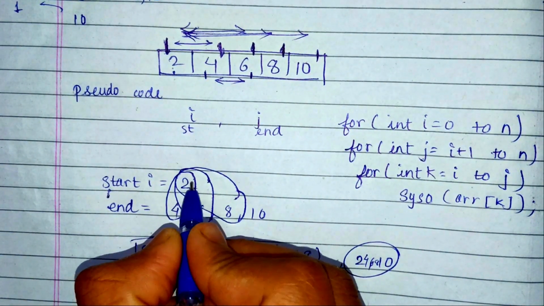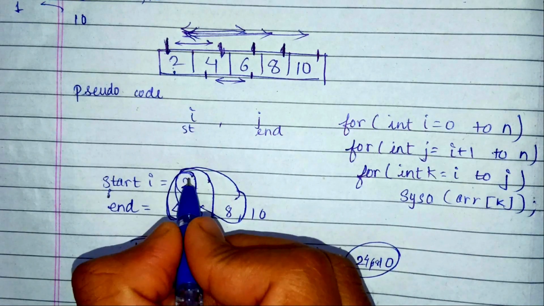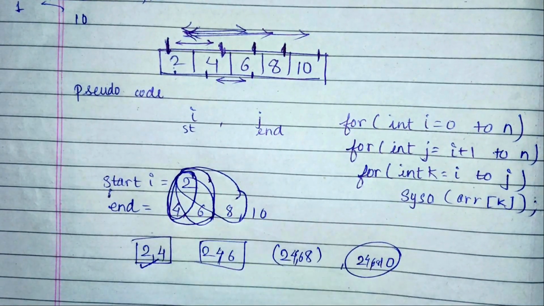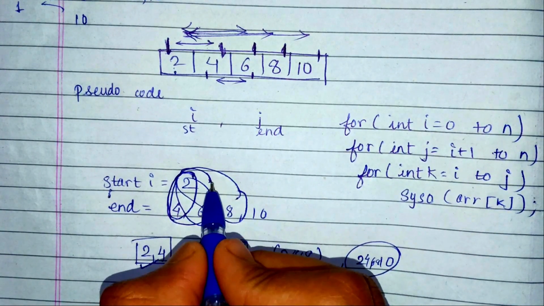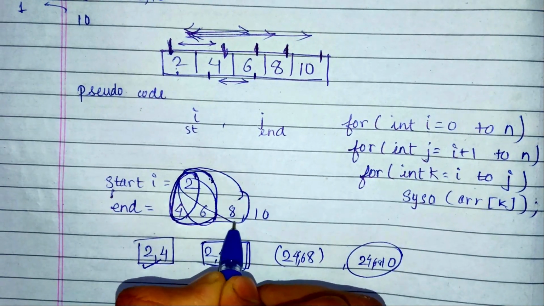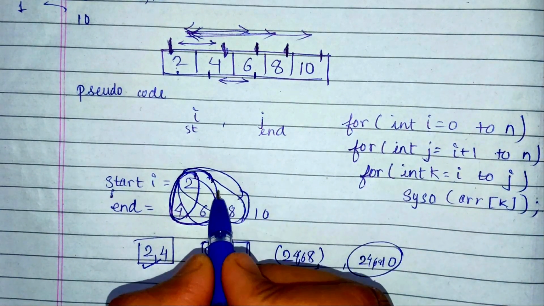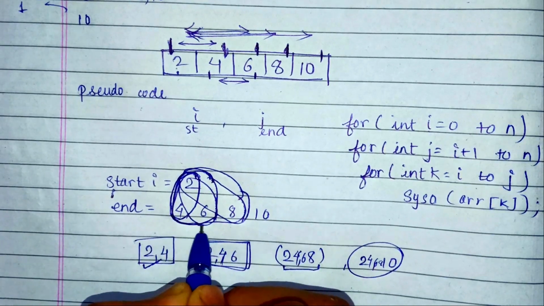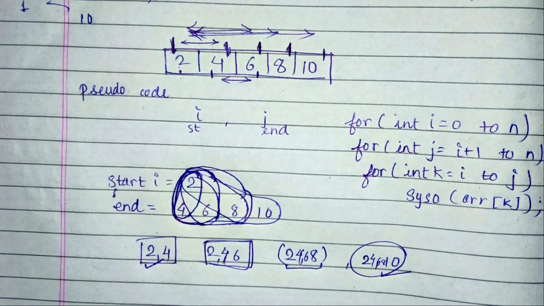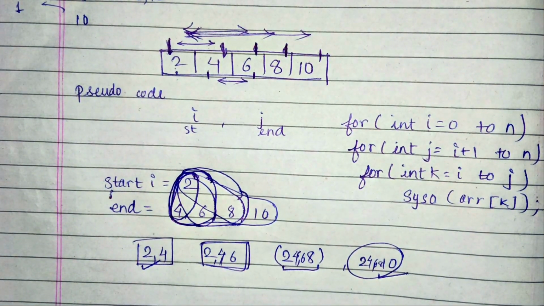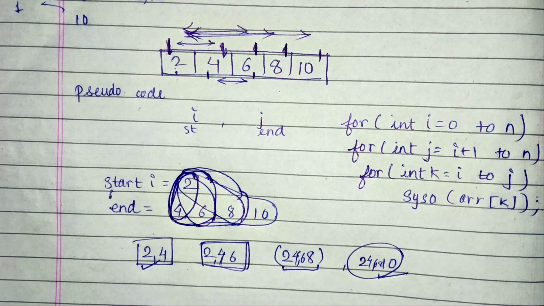So we will take 2 and 4 first, then we will take 2, 4 and 6, then 2, 4, 6 and 8, and similarly 2, 4, 6, 8 and 10. So this way we have to print subarrays. Let's see in our practical session.